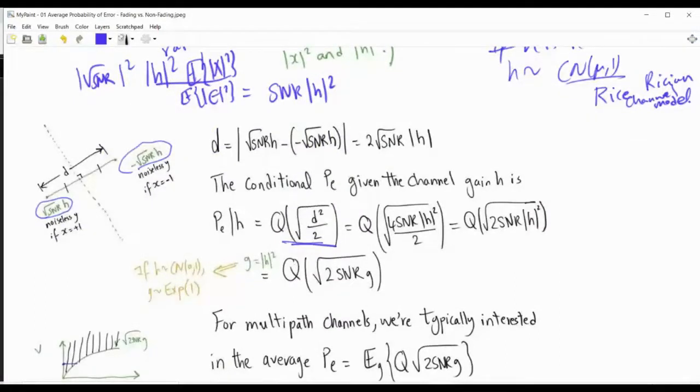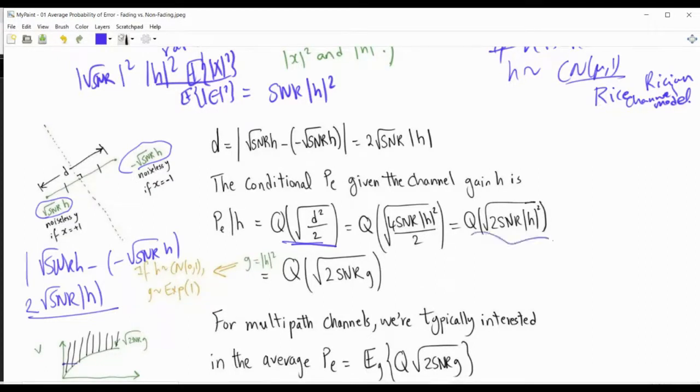In that case, the probability of error will be given by the Q function of the square root of the Euclidean distance squared divided by 2. The distance here is the magnitude of square root SNR H minus minus square root SNR H, which gives you 2 square root SNR magnitude H. You square it, you get 4 SNR magnitude H squared, over 2.